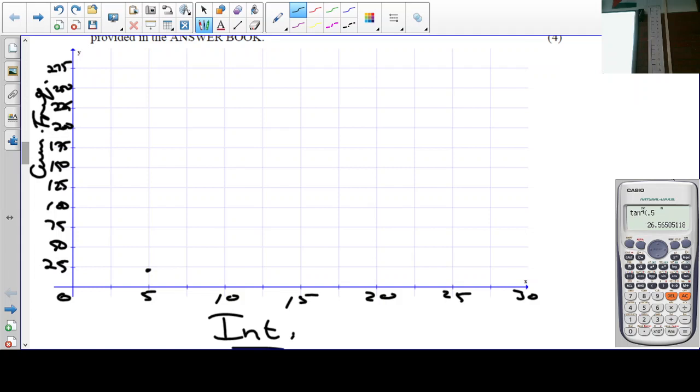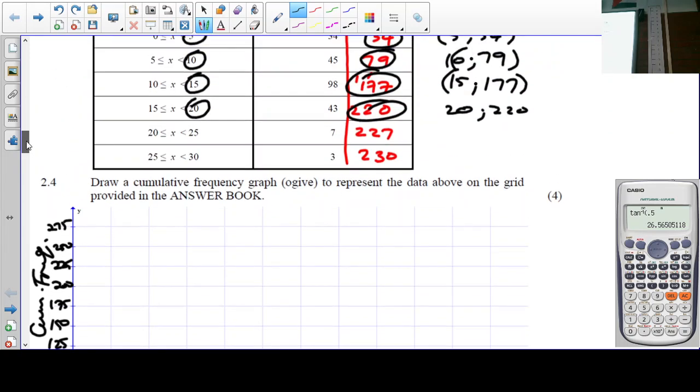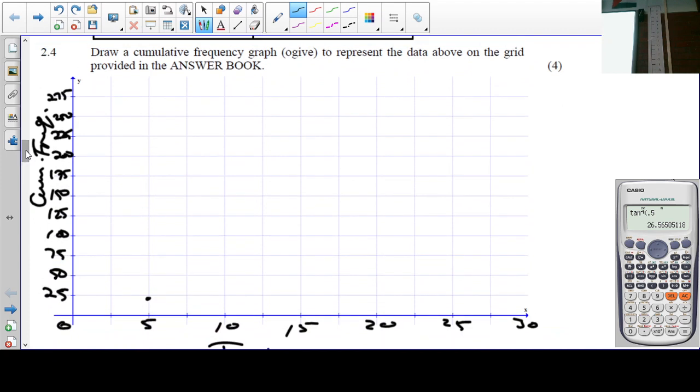The next one was 10 and 79. Not so? 10 and 79. It's just above 75, so 79. Then 15 and 177, which is just above 175.